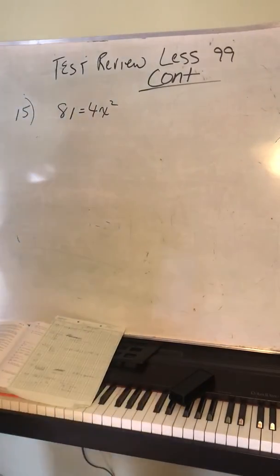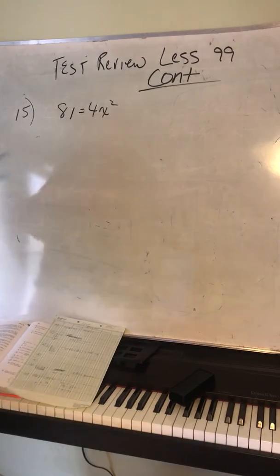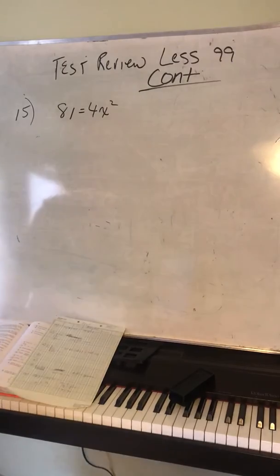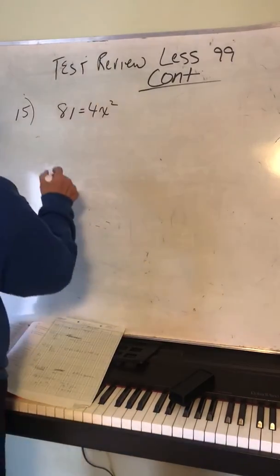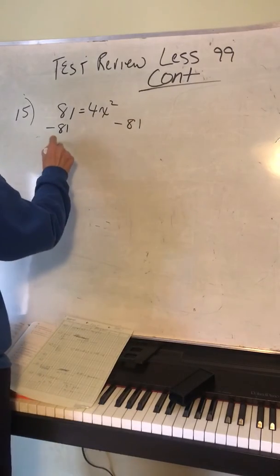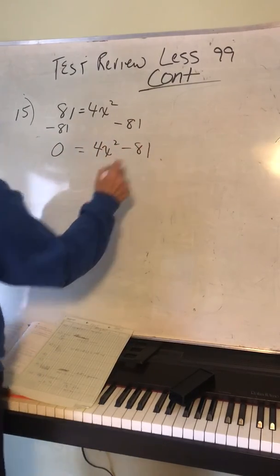Well, how we're going to solve for that is we look at it and we see that it is squares. Everything in there is a square. 81 is a square, 4 is a square, x is a square. Is it a difference of two squares? No, but we can make it that way. We can minus 81 and minus 81. So we can have 0 equals 4x squared minus 81.